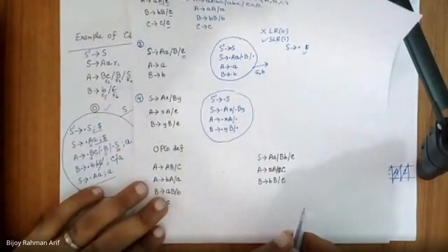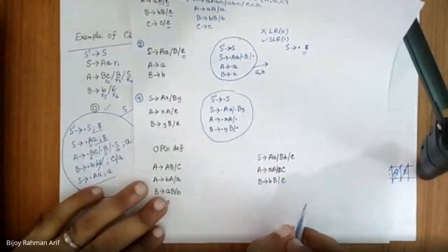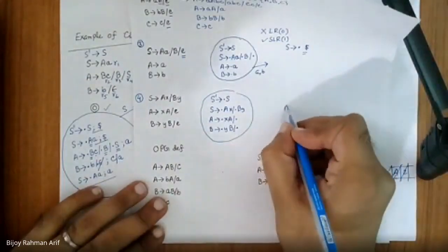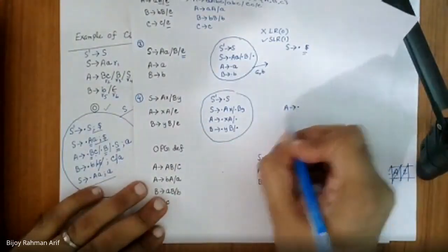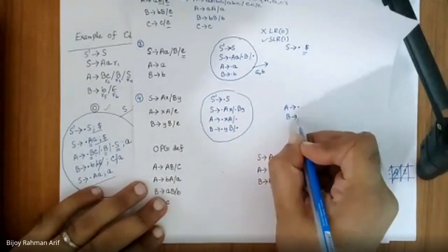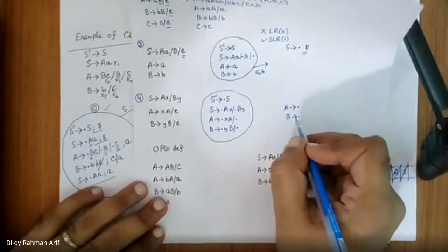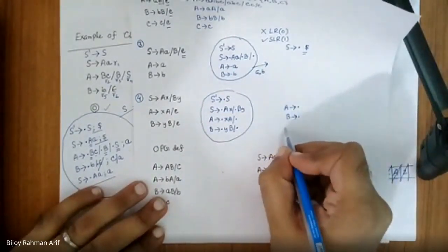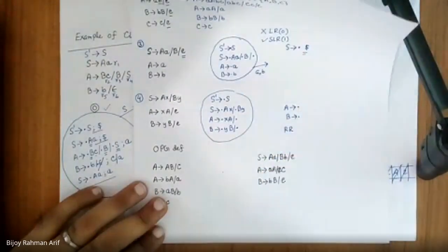So this is the closure. Definitely there is A derives dot and B derives dot. So these are both final items. So of course that is an RR conflict. Definitely there is one RR conflict.